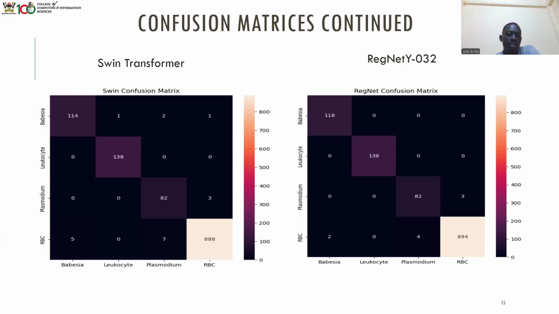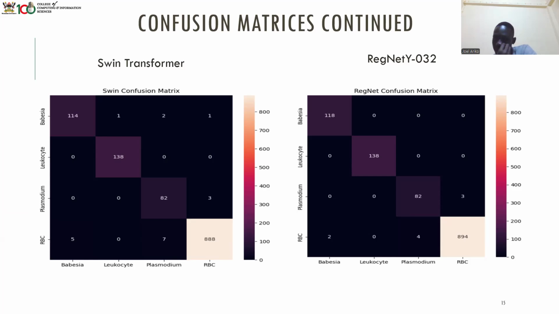Then the leukocyte was clear, none of the cells was misplaced. Then for the Plasmodium, 3 of them were predicted as red blood cells. Then there was a lot of noise in the red blood cells, where 12 of the cells were misplaced, 5 predicted as Babesia and 7 as Plasmodium.